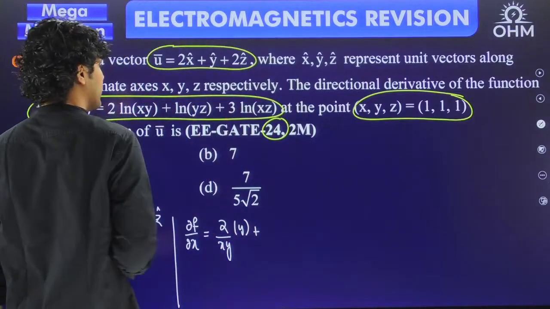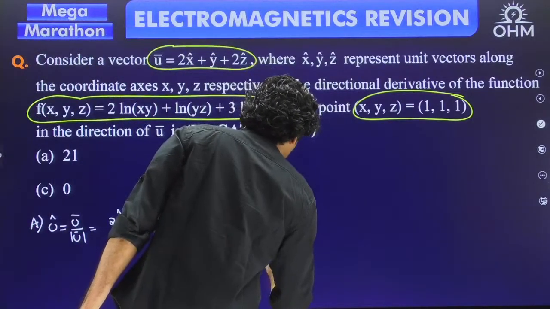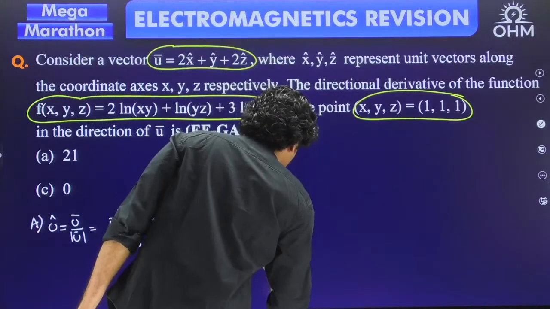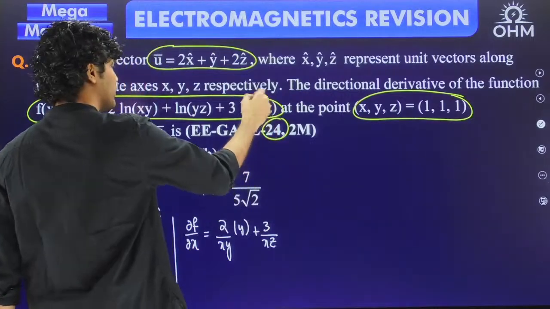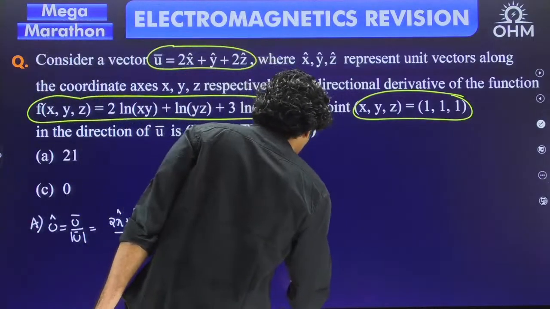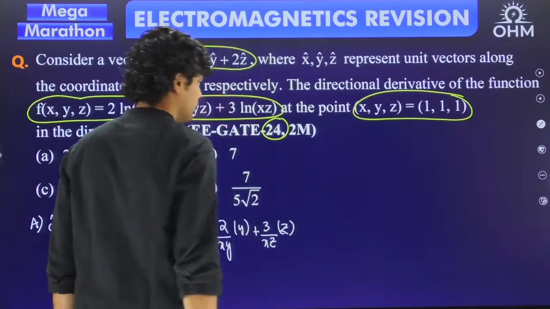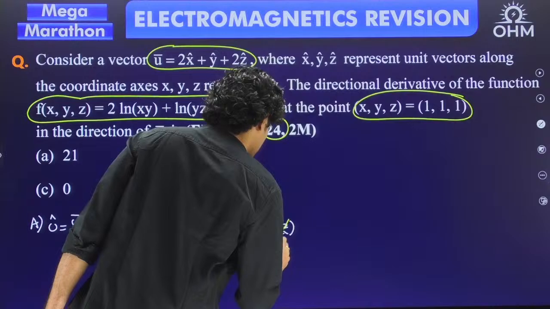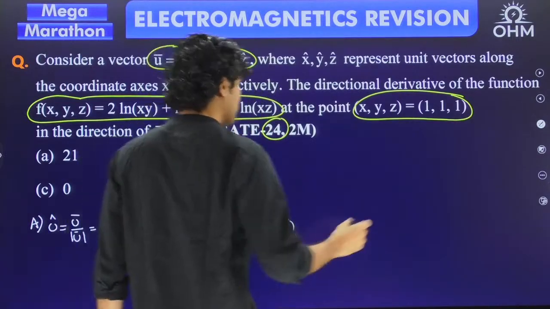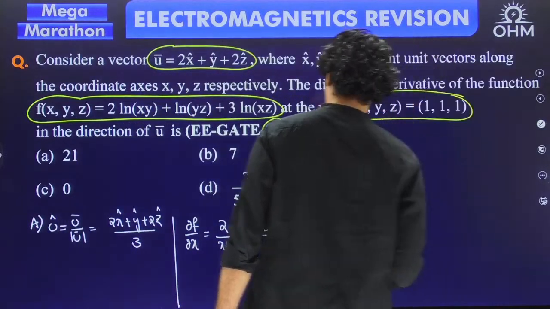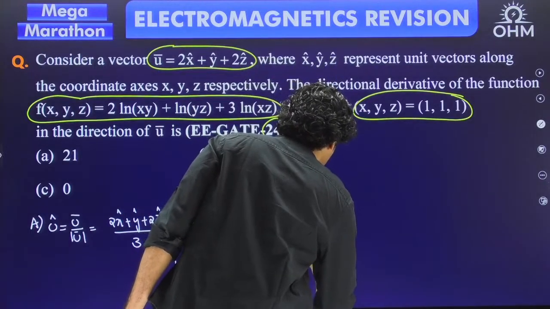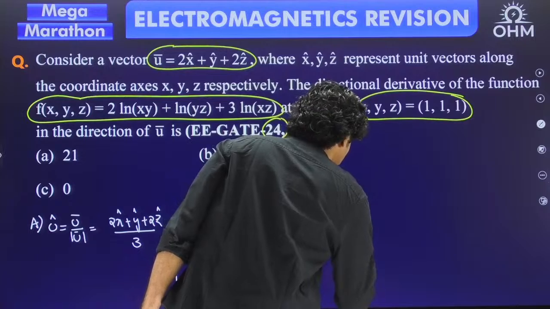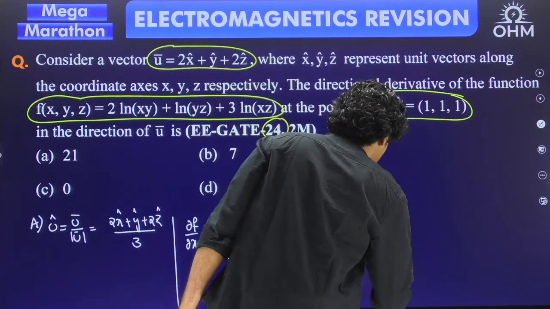Similarly, next we have 3 times ln of xz. The differentiation of ln of something is 1 by that xz term, and the differentiation of xz with respect to x is z. On the basis of this, we have 2 by x plus 3 by x, which is basically 5 by x. Substitute the point. What is the point for us? 1, 1, 1. So it becomes simply 5.